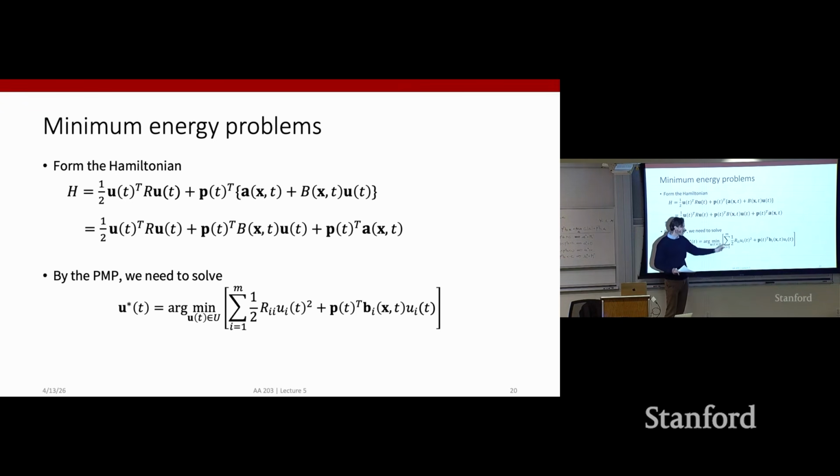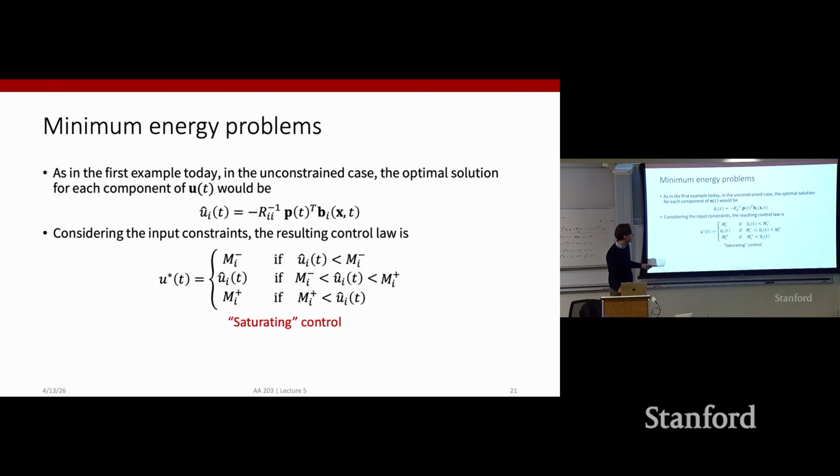And so we get the same situation where minimizing these summation terms is equal to minimizing an individual term of the summation. Since this is quadratic, we set the derivative equal to 0 and we get this optimal control, which is exactly the analog of the negative p2. This is why I'm coasting through this, because it is exactly the same. And so we would get our saturating control, which is the case we were looking at the beginning. We had our control saturating when it's out of bounds, linear, and then saturating again.